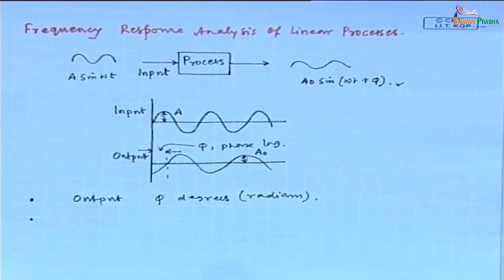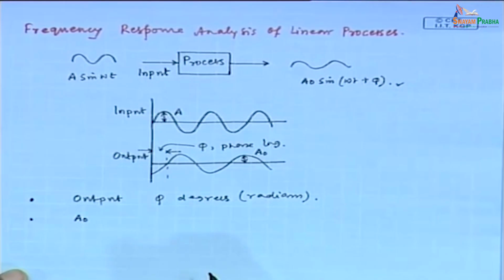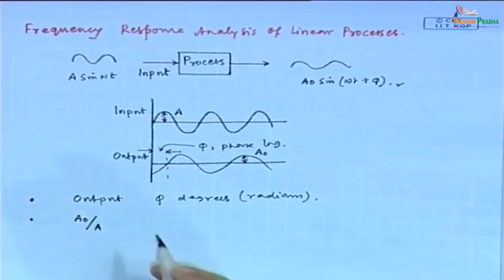The ratio of output and input amplitudes is known as amplitude ratio.